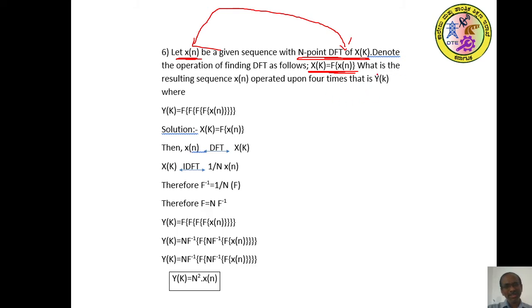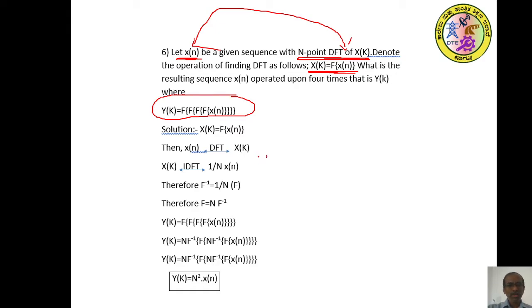Now the question is, what is the resulting sequence x(n) operated upon 4 times? That is, y(k) is equal to F of F of F of F of x(n). So 4 times we have computed this DFT on x(n), and what is the result expected is a question mark.